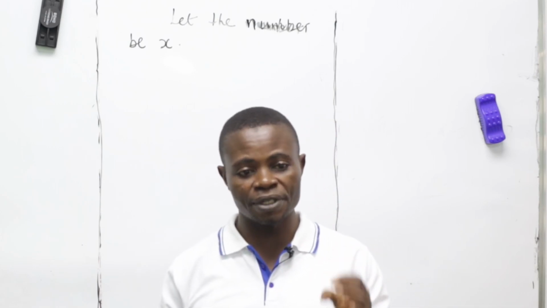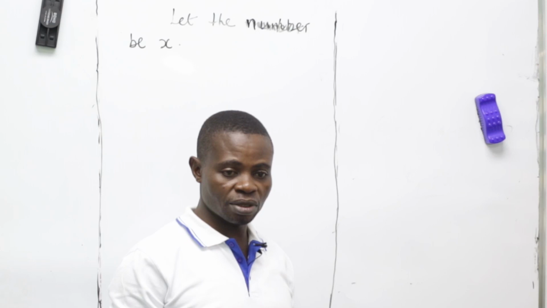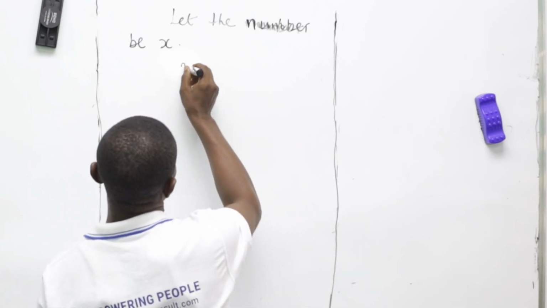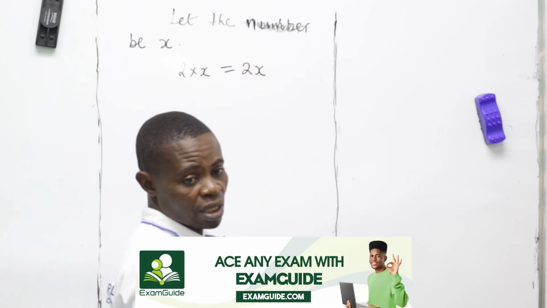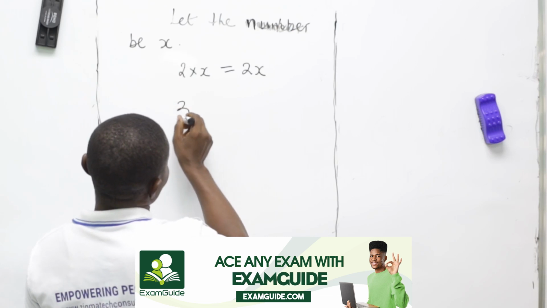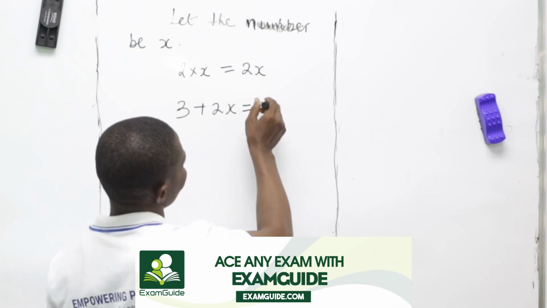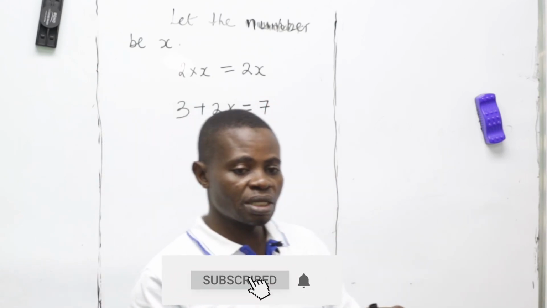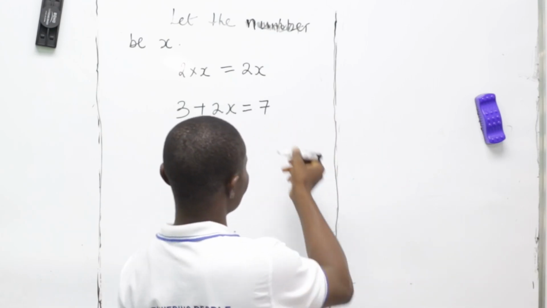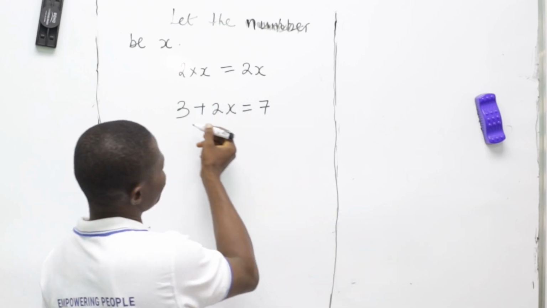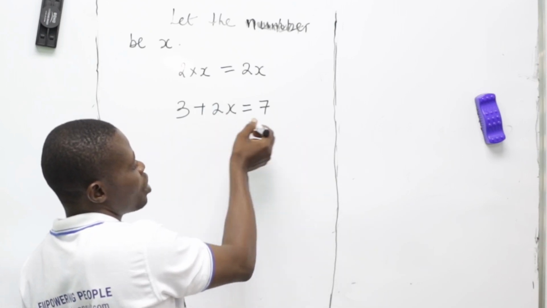That is the sum of 3 and what? 2 times a number. Sum means plus. 2 times a number, 2 multiplied by x equals 2x. 3 plus 2x equals 7. Because we are told that 3 plus 2 times a number will give us what? 7.